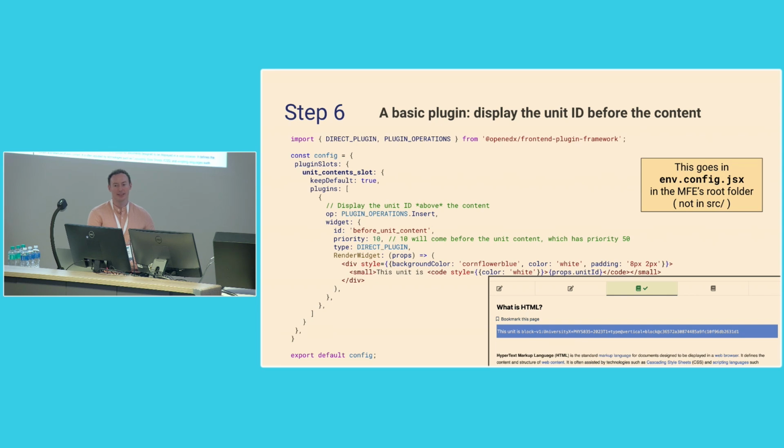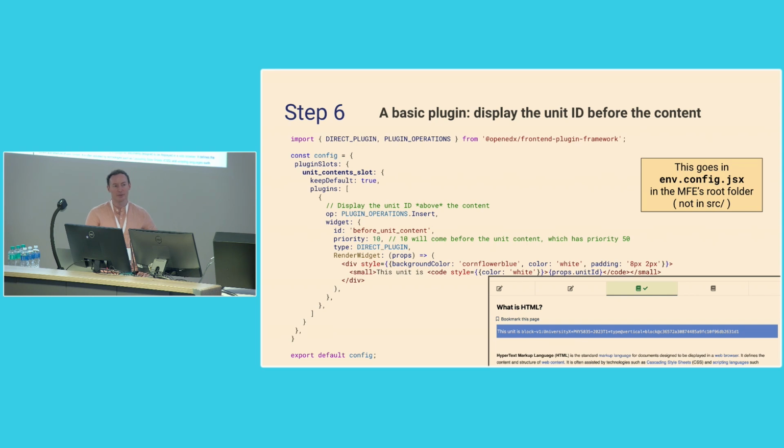I will say that the order that you define the plugins in this file affects that. You can use the priority to sort the plugins as they're rendered to the user, but if there's any operations where the order matters, it would matter the order that you put them in this config file.